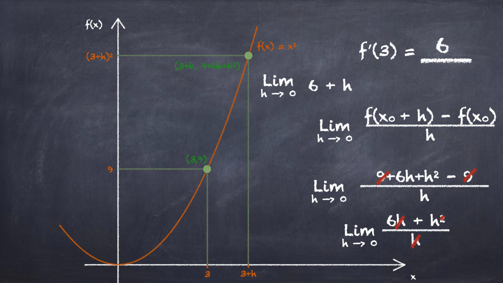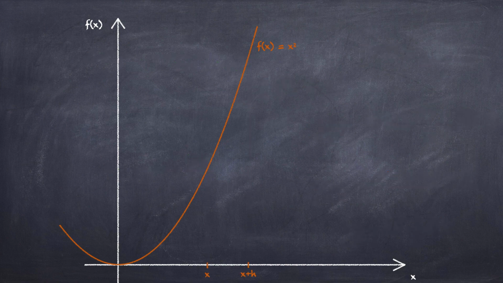Okay. So let's derive a general definition for the function f of x equals x squared. So let's go back. Instead of 3, we have a general number, x, and we have the point x plus h. Okay, so we can do what we did last time.